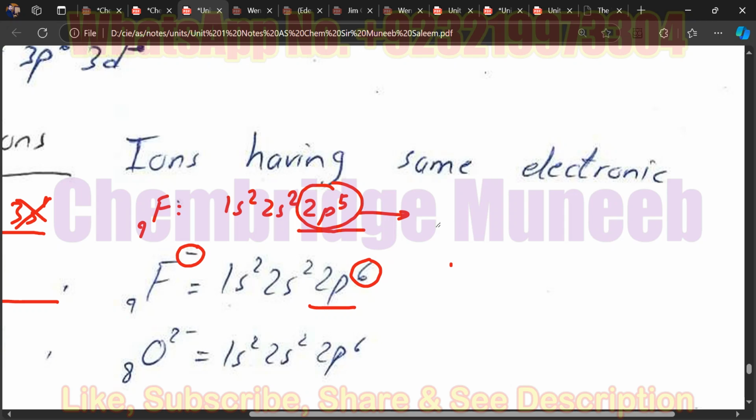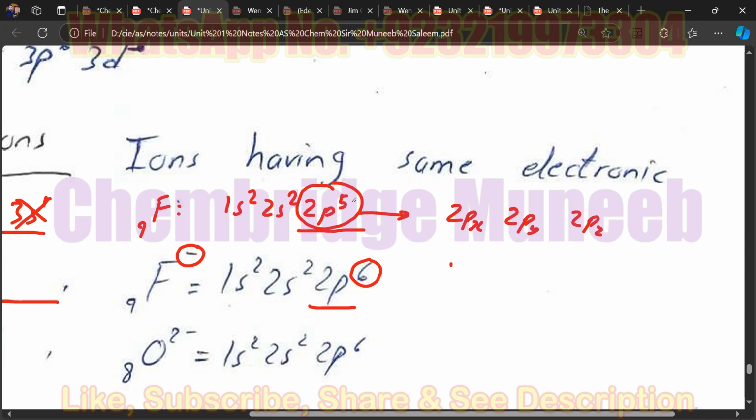It can be with boxes or without boxes. 2px, 2py and 2pz.